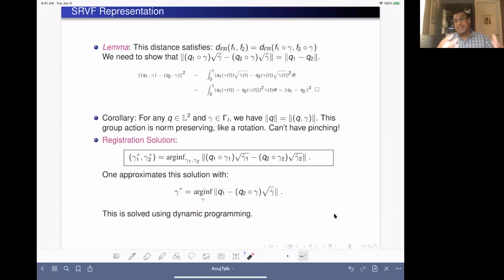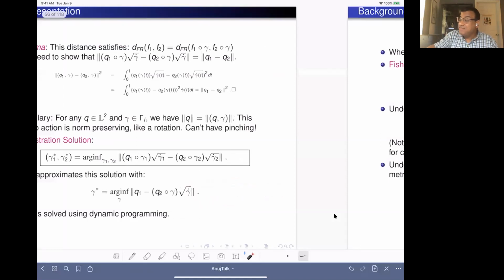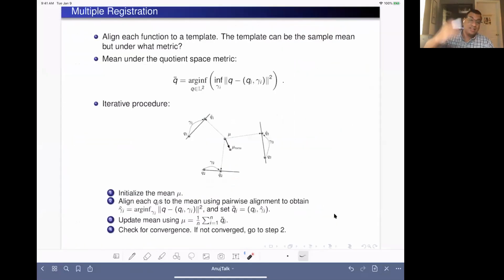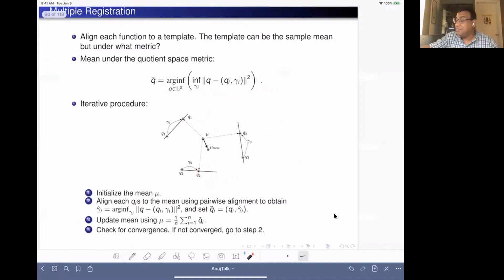Because it's a proper metric, I can define means and covariances in this space, after registering the functions. So if you give me hundreds of functions instead of two and ask whether I can register those, yes, I can. Because I have a metric, I compute the mean of all these functions and register each one of them to the same mean. Here are some examples.